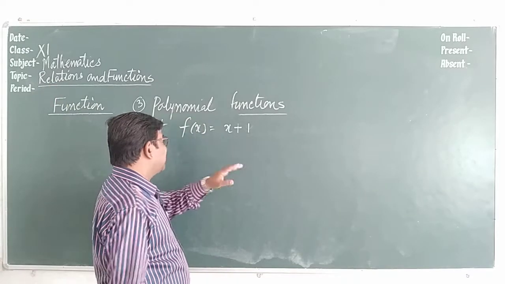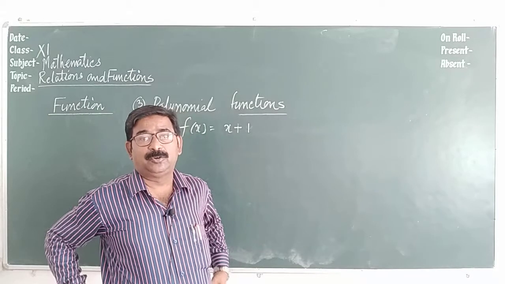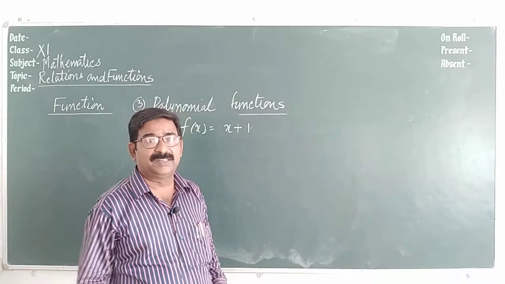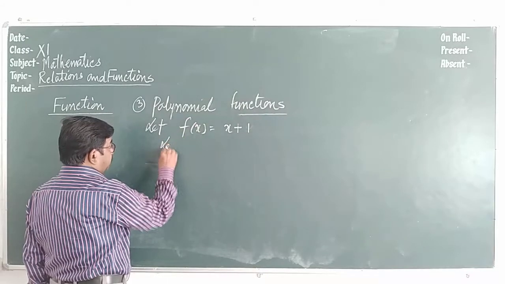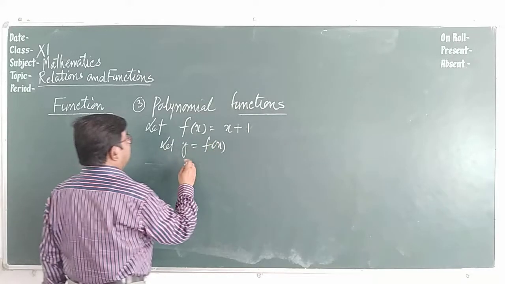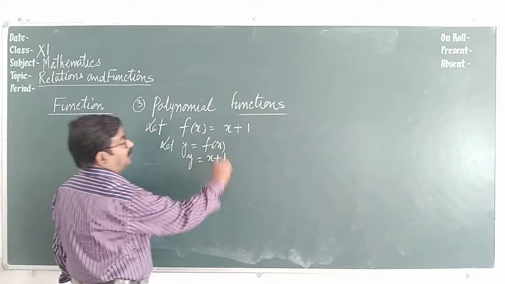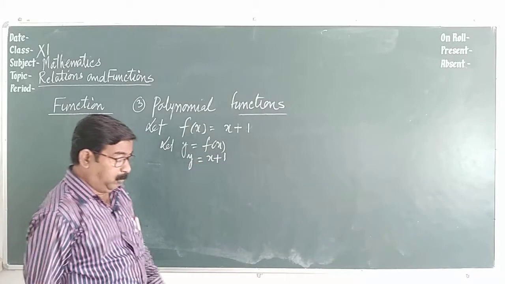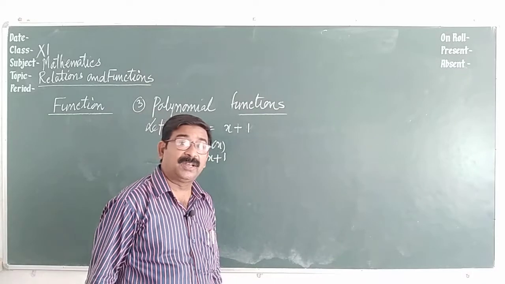So let's plot the graph. Automatically you will know what the domain and what the range of this kind of function is. Let y is equal to f(x), then y is equal to x plus 1. Got it? Now we are going to plot the graph.